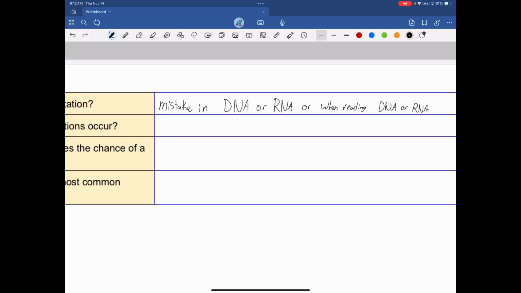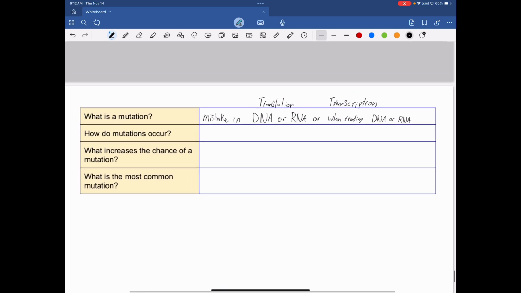In other words, the terms are translation and transcription. Okay? And then they occur, like I said, so we could say they occur in translation or transcription. Okay?